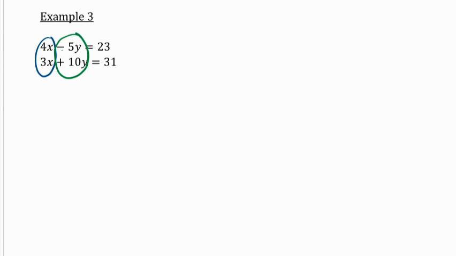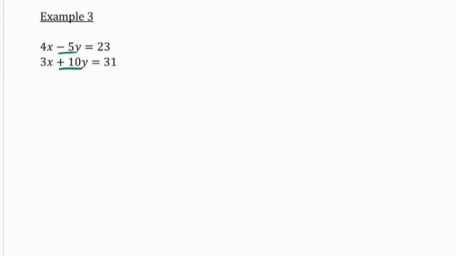That's good. I also know that if I look at 5 and 10, well, 10 is just twice 5, or 5 is half of 10, right? So those numbers are a little bit more related to each other than our 4 and our 3 on our x. Okay, so I'm going to focus on the fact that I've got a -5 and a positive 10 here.